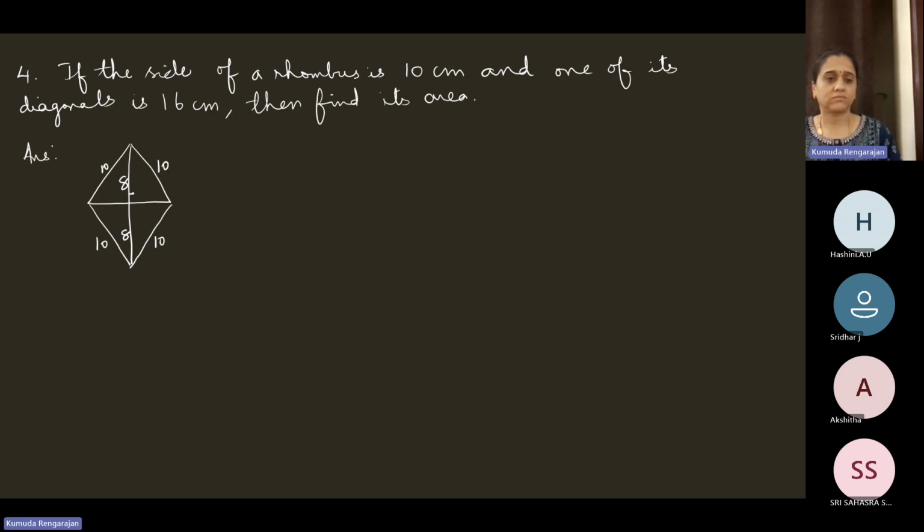Is it 40 centimeters? What is 40? Perimeter. Area. Okay, let me just work it out.